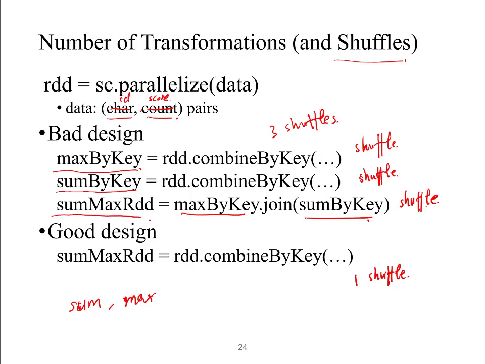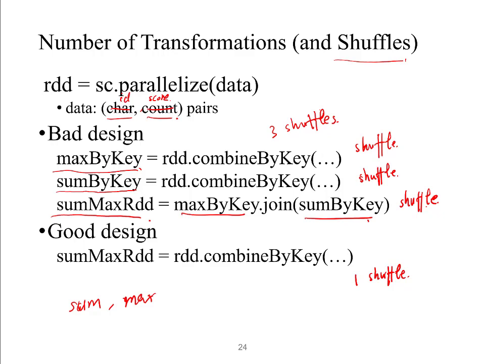So even these are not shuffles, just transformations. For example, let's say the values are strings. In the first transformation, you make all the characters lowercase, and in the second transformation, you take the first three characters from that string.